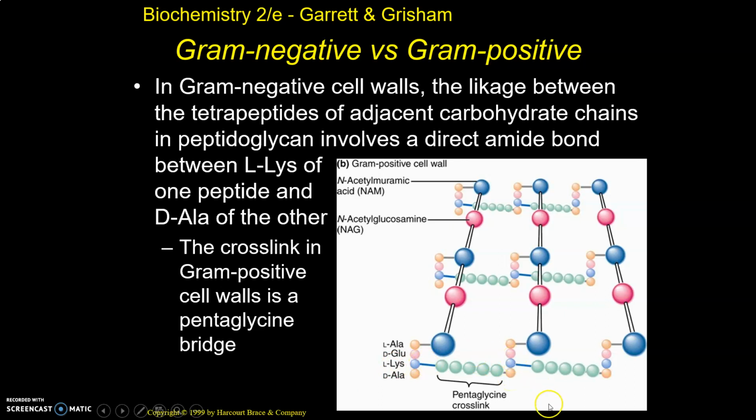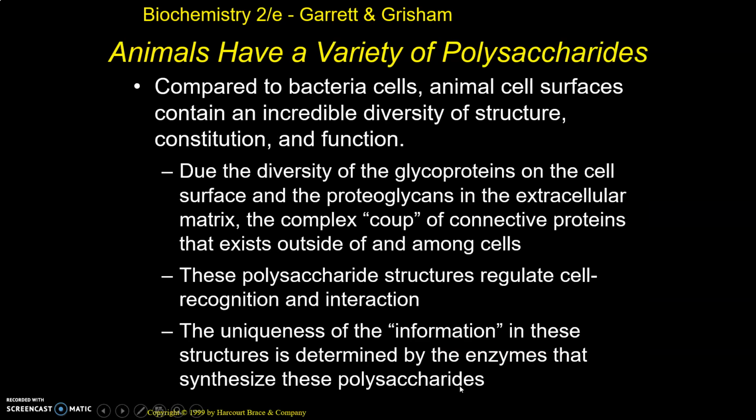You have a direct connection. But in gram-positive, since they're more separate, there's actually a pentaglycine crosslink that fits in the middle. But it's always L-lysine connects to D-alanine, either directly in gram-negative or indirectly through a pentaglycine crosslink in gram-positive.